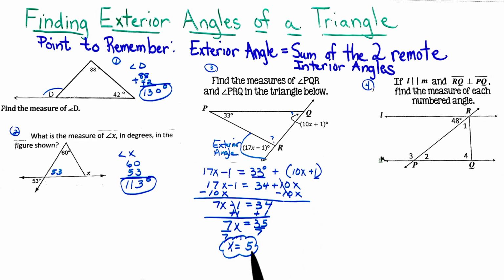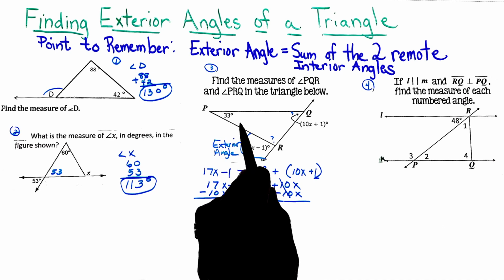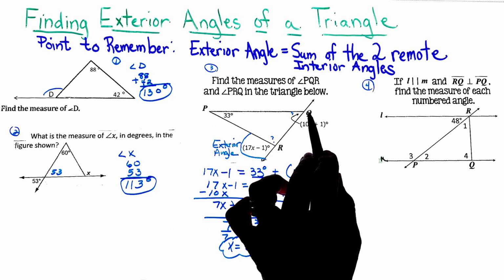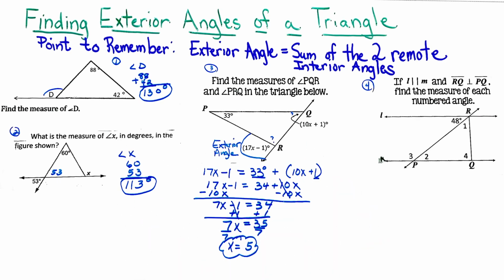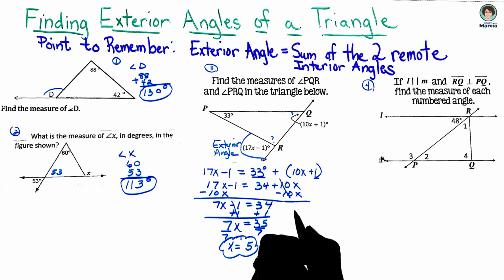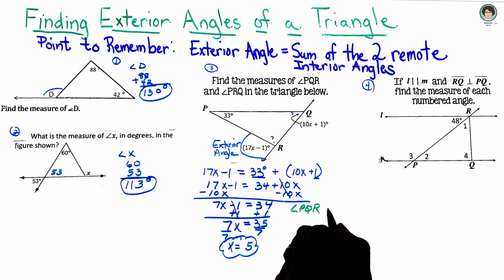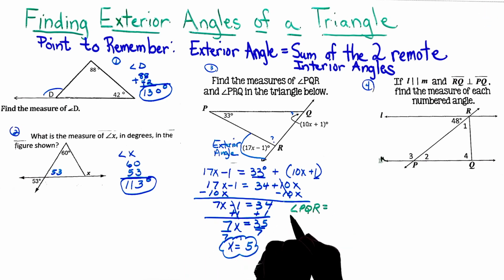All right, so when I am looking at PQR, it tells me, and I'm going to write this in a different color, it tells me that angle PQR is equal to 10x plus 1.